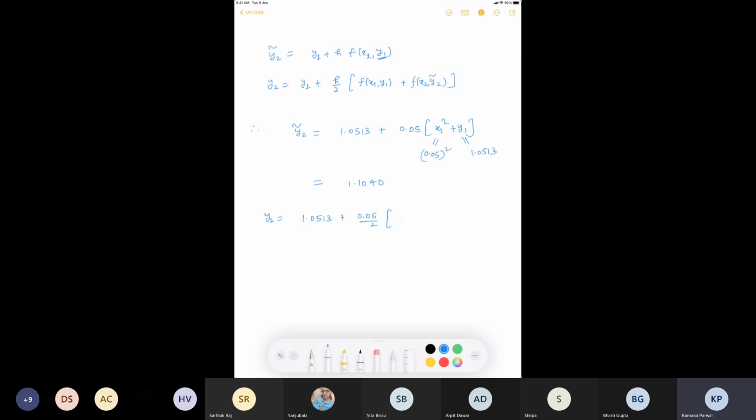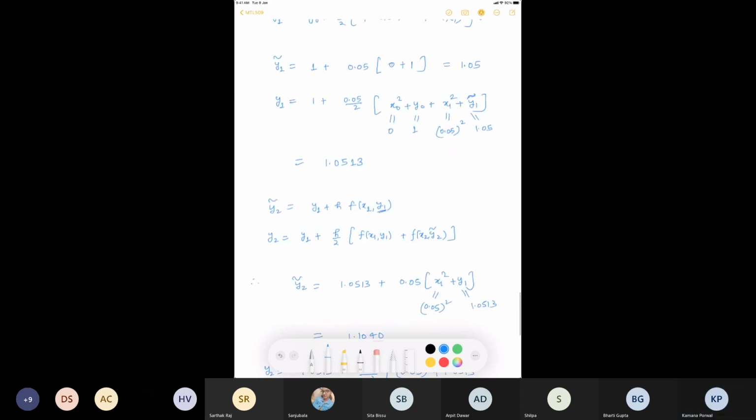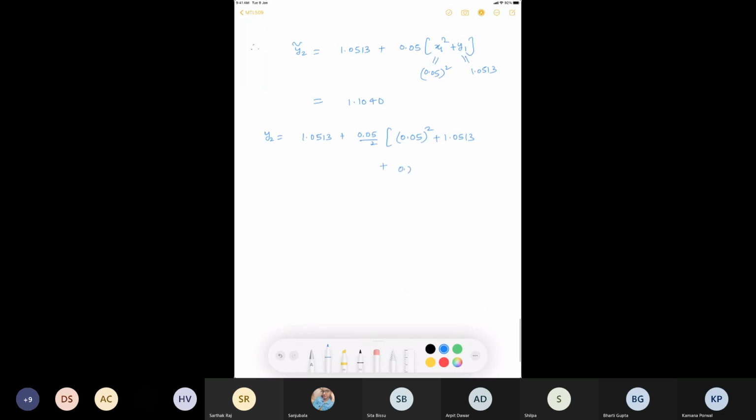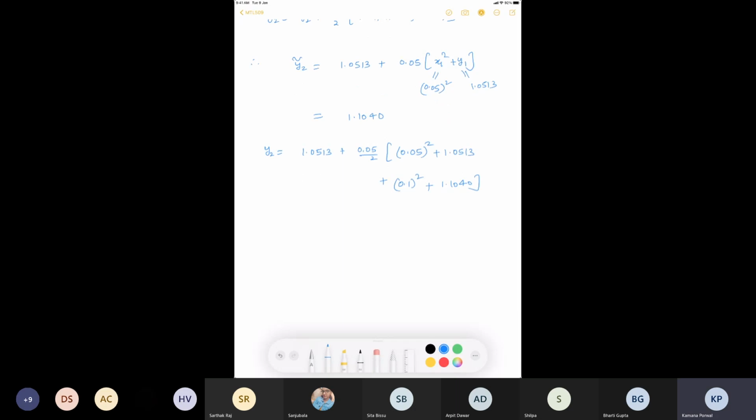So x1 squared, 0.05 squared, plus y1, plus x2 squared, where x2 is 0.1, plus y2 tilde. y2 tilde is 1.1040. You can just verify this calculation; I think we get it as 1.1055.